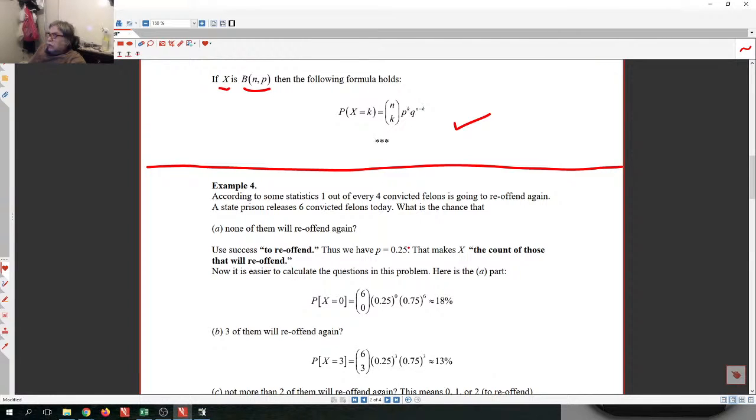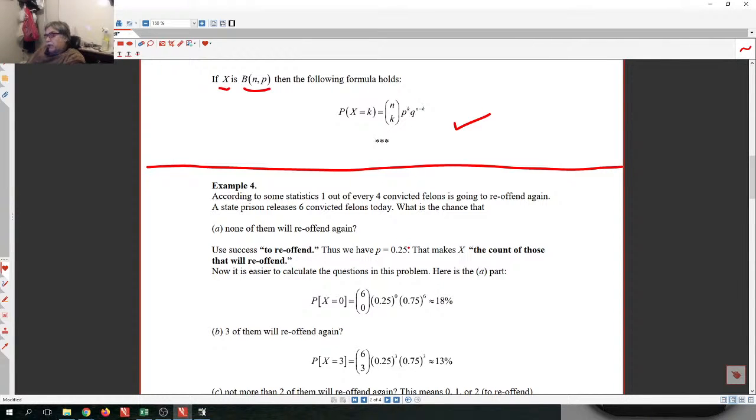So what is the story here that we have as a binomial random variable? x, the number of reoffenses, is what we are going to calculate as the number of successes, right? So again, the success and failure, we have no ethical values here about it. It's just that something had to be success, something had to be failure.